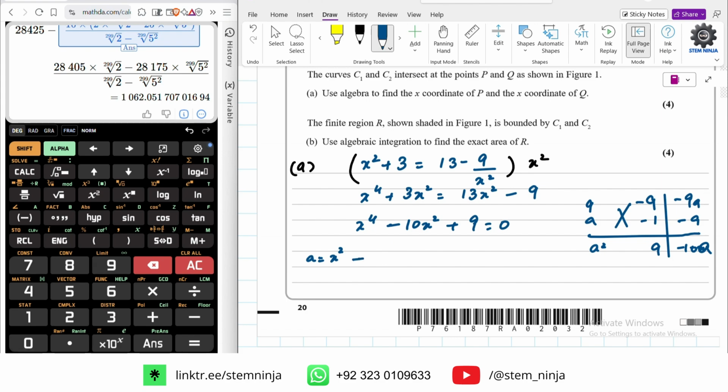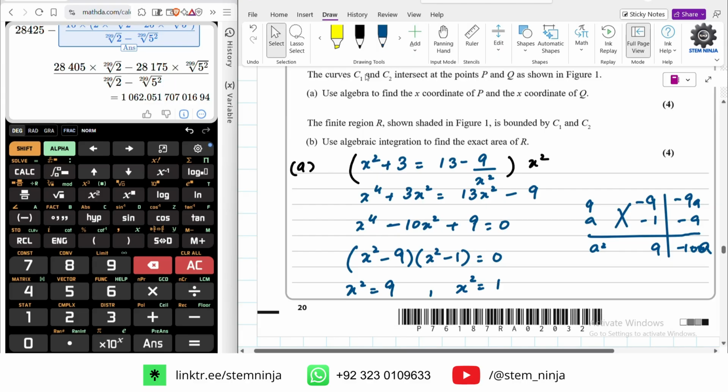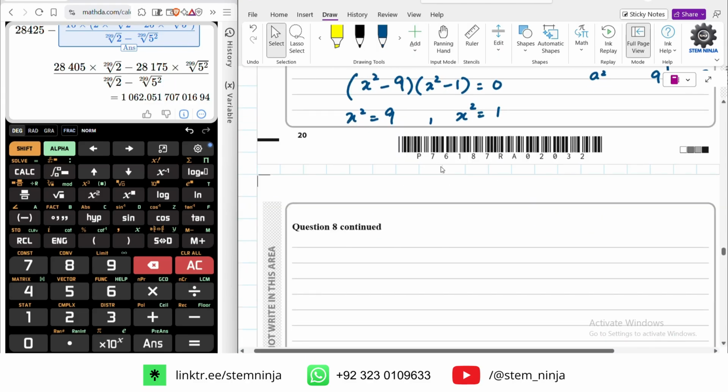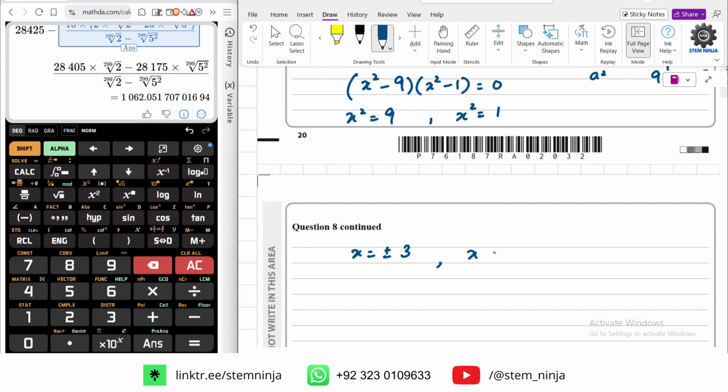So basically you have x squared minus 9 and x squared minus 1 equal to 0. So either x squared is equal to 9 or x squared equals 1. So we have quite a lot of options. So x would be either plus minus 3 or x is equal to plus minus 1.